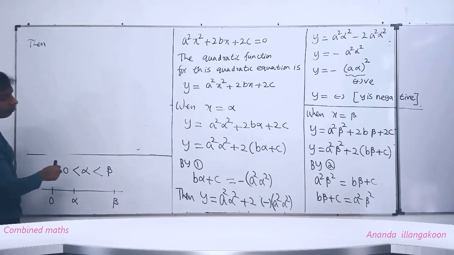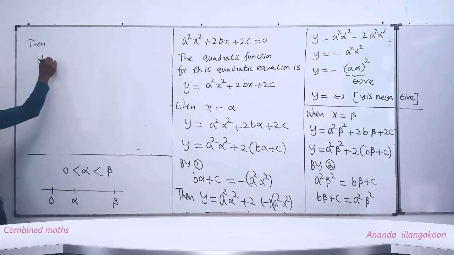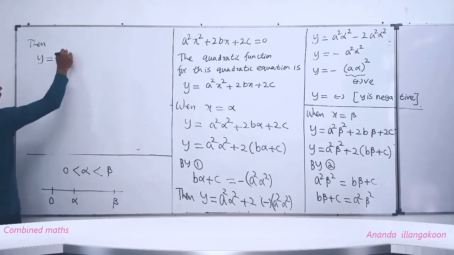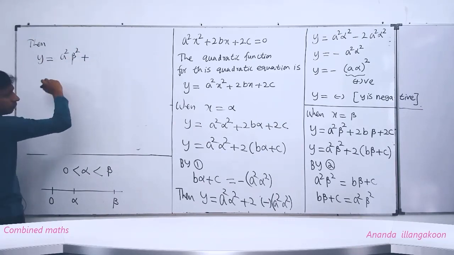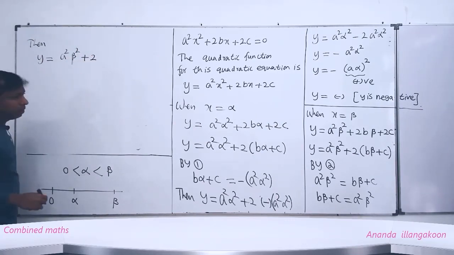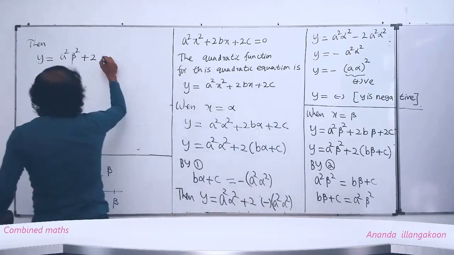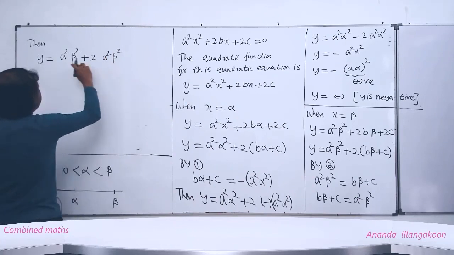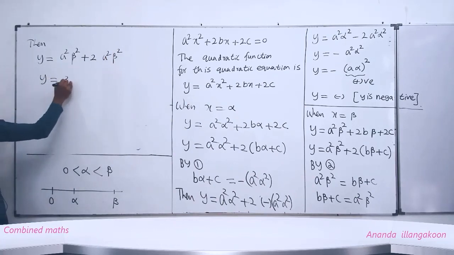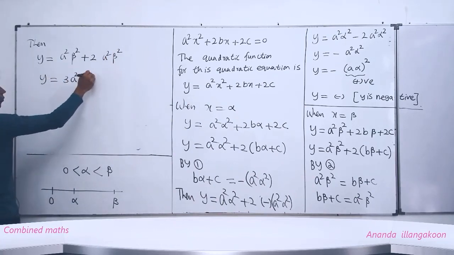Then you can write, people, that y equals a squared beta squared plus 2 times (b beta plus c), which is this a squared beta squared. This is now, people, y is 3 a squared beta squared.